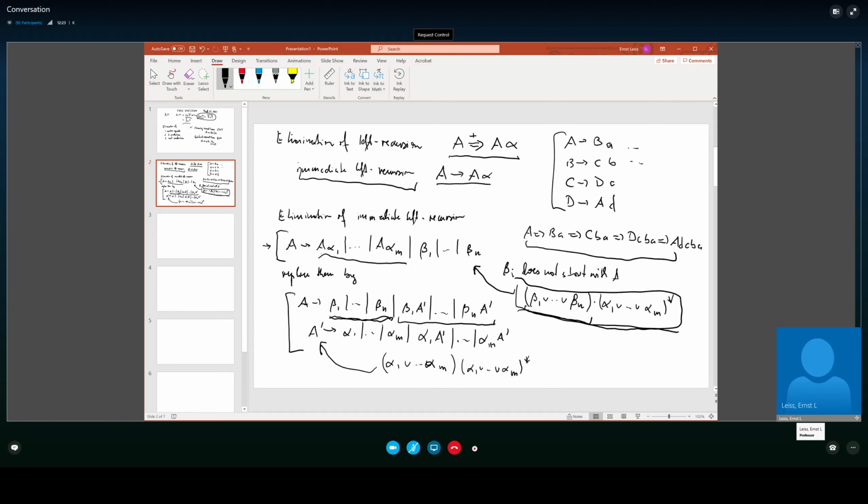And so by replacing these A productions by those A productions, and of course we need the A prime as well, we are going to get an equivalent set of productions. And that equivalent set of productions obviously has no immediate left recursion.